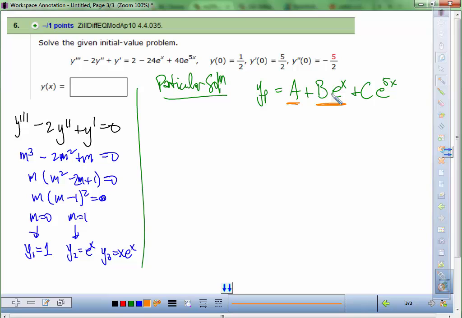One idea is that A plus B e to the x would just merge with the y1 and y2 solutions. And if that's the case, then that's easy. Then we just go about this yp by solving for C. But I can't remember if we need to just add an x. That's my problem.